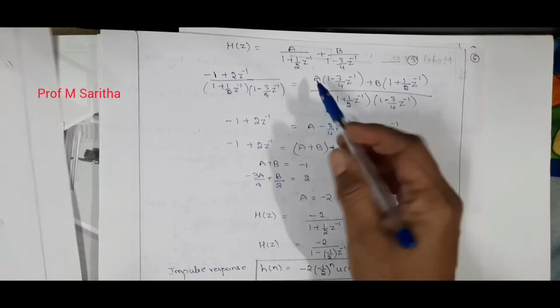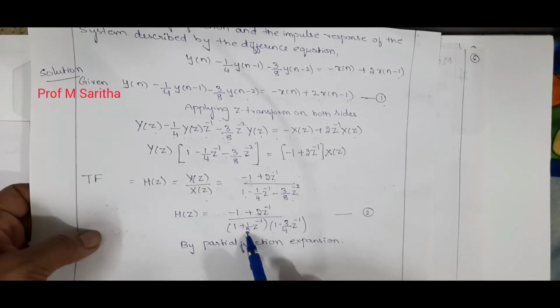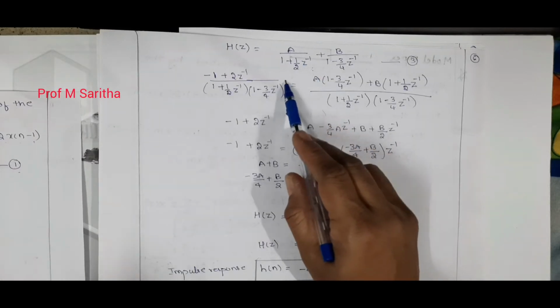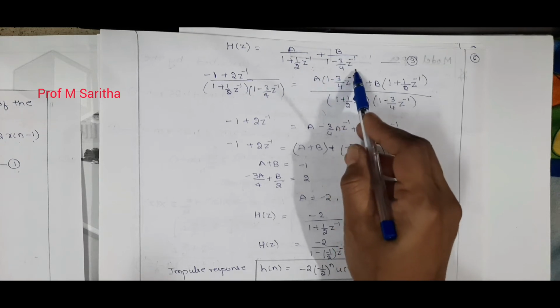In the denominator we have two terms, so we take A divided by something plus B divided by something. So here A by 1 plus 1 by 2 z inverse plus B by 1 minus 3 by 4 z inverse.